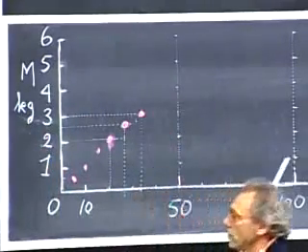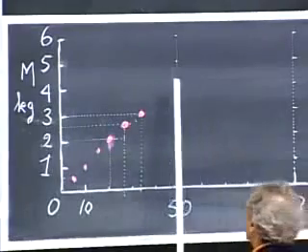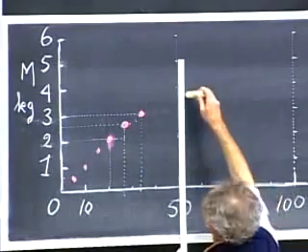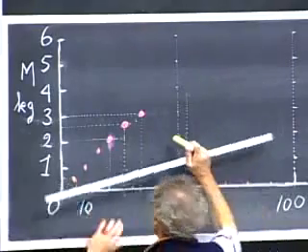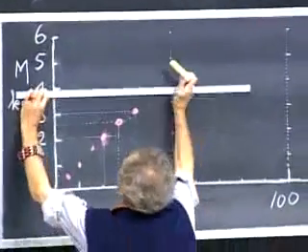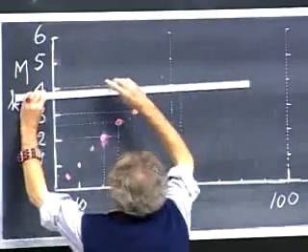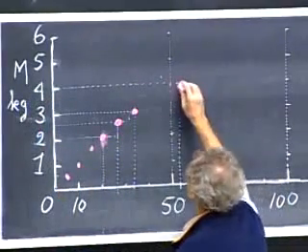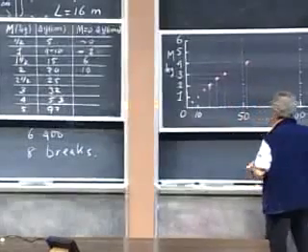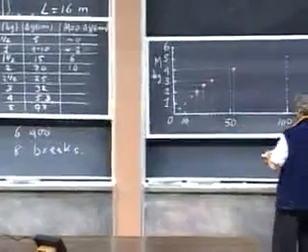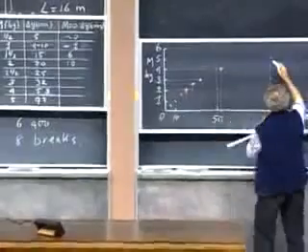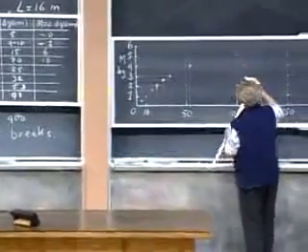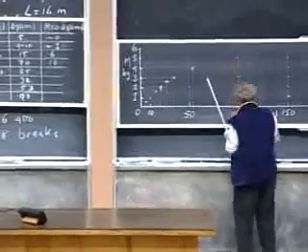Looks like it's beginning to bend over. At 4, we have 53. There's no question. Oh, yeah. And then at 5, we have 97. Here is 5. 97. That's here.